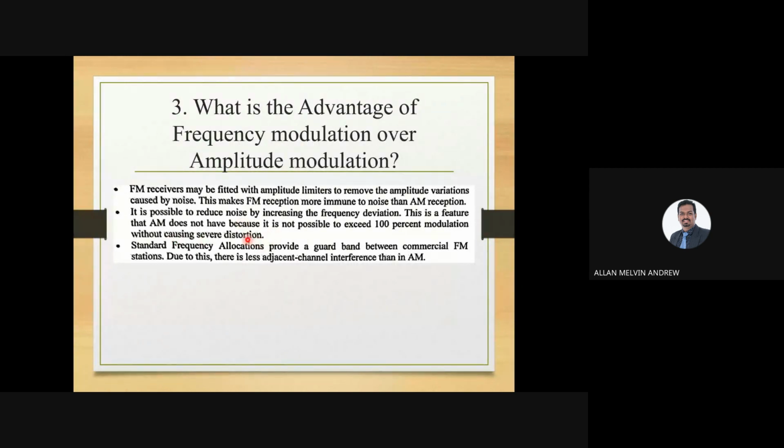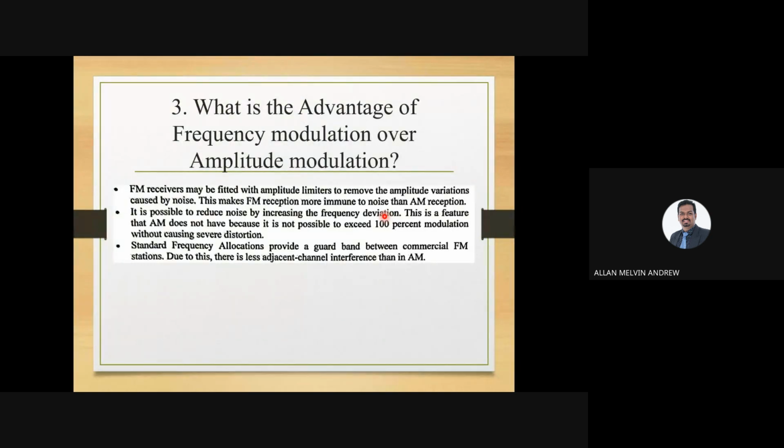Distortion is some change in the original signal, like an error, and it always happens in amplitude modulation. We can reduce the noise further by increasing the frequency deviation, because frequency can be over a very large band, whereas we have seen they are very small frequency bands, narrow band.